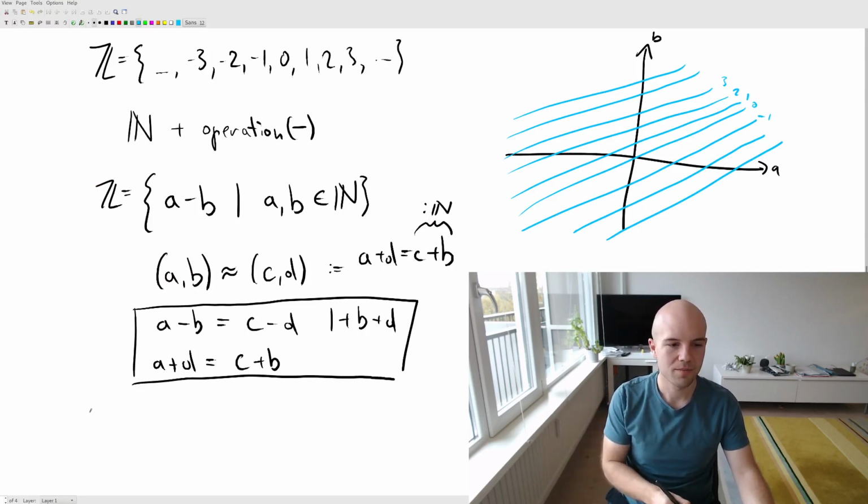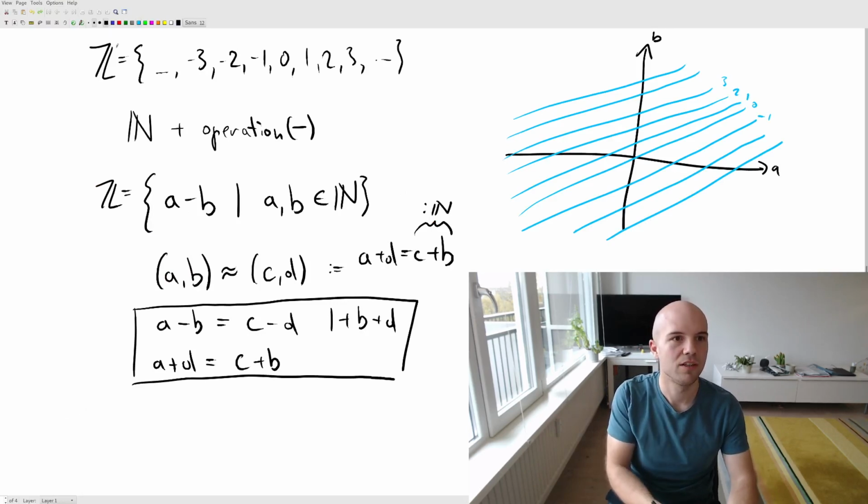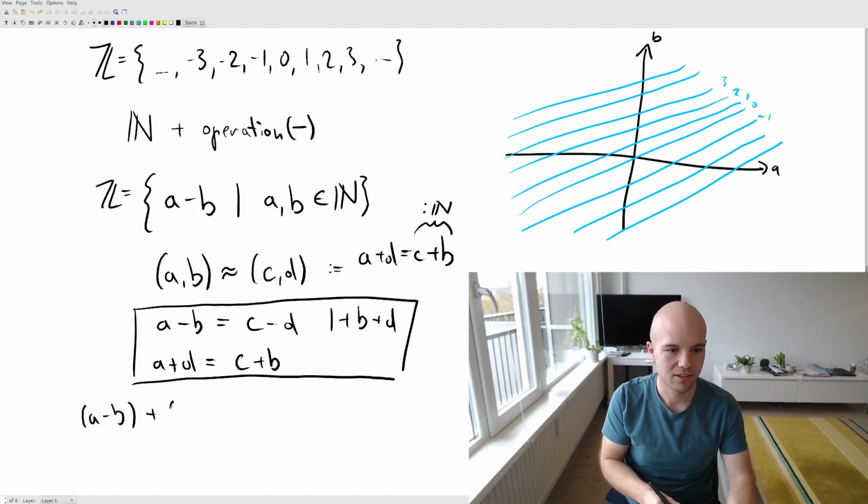So what do we have? We want to add a minus b and c minus d. So this should be a plus c minus b plus d.